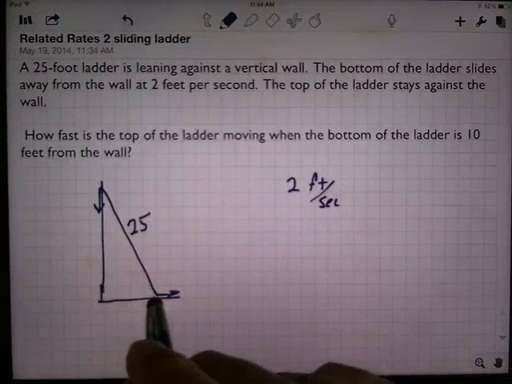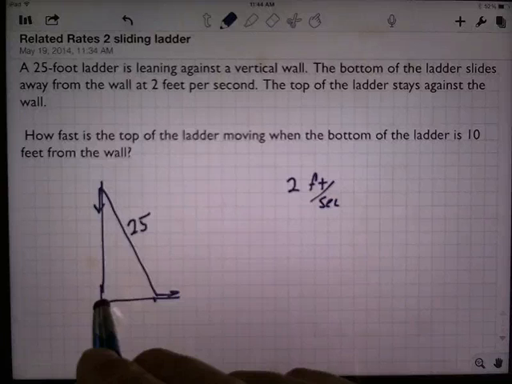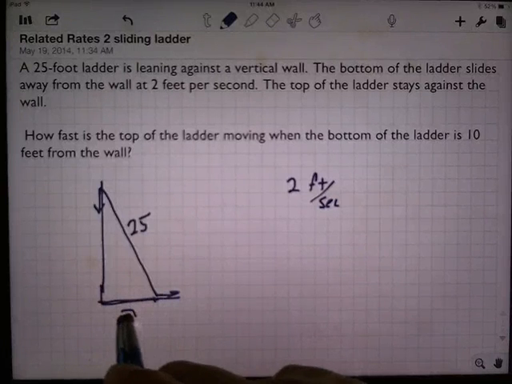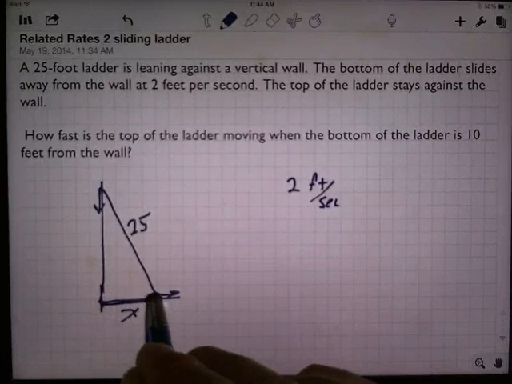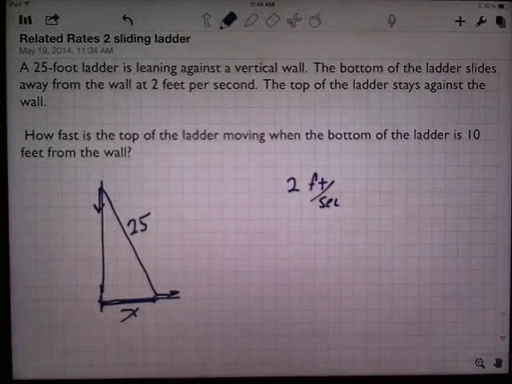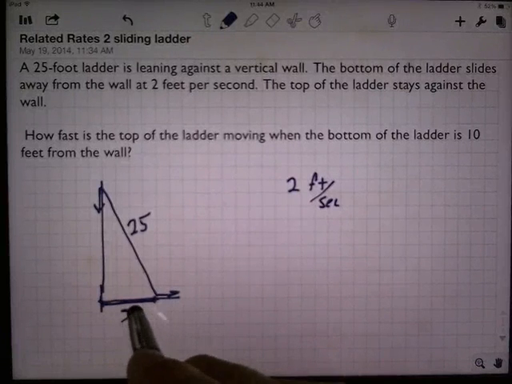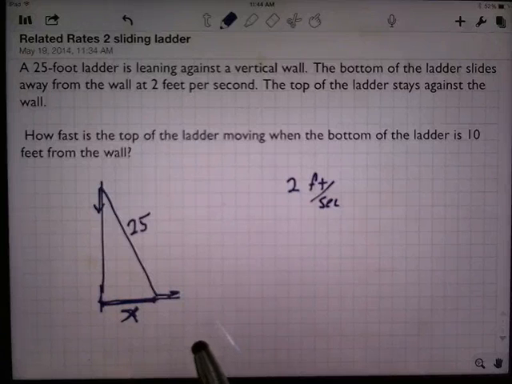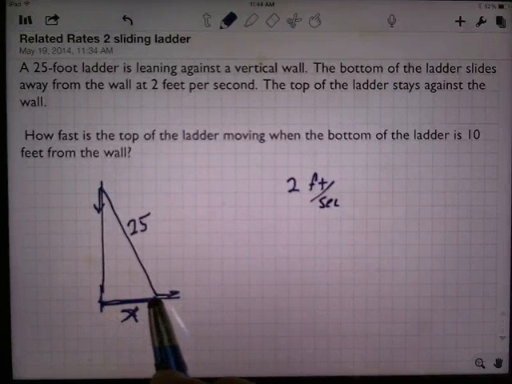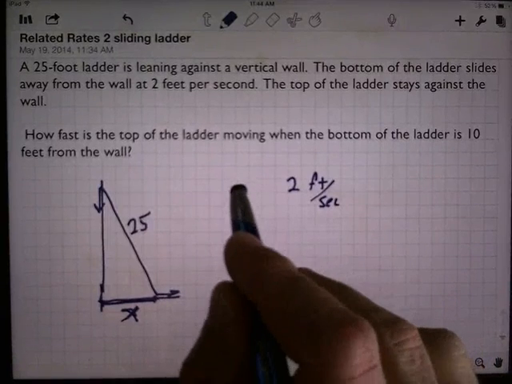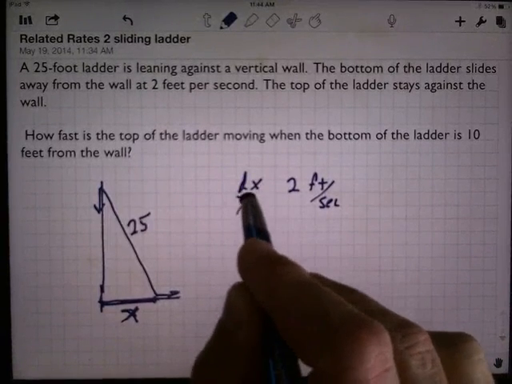So what I need is the position of the bottom of the ladder. Let's call this length x. So the distance from here to there is that length x, right? And dx/dt then is the speed at which this x is changing. So this is dx/dt.